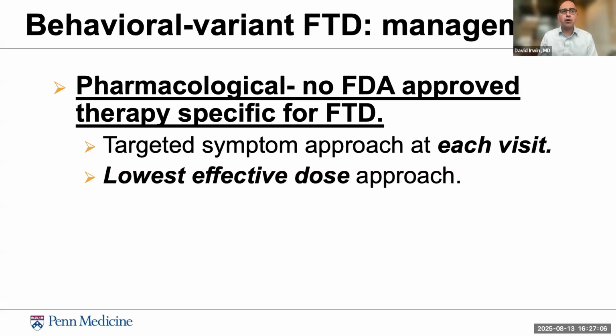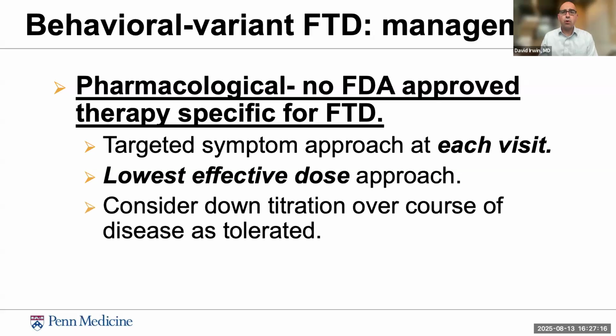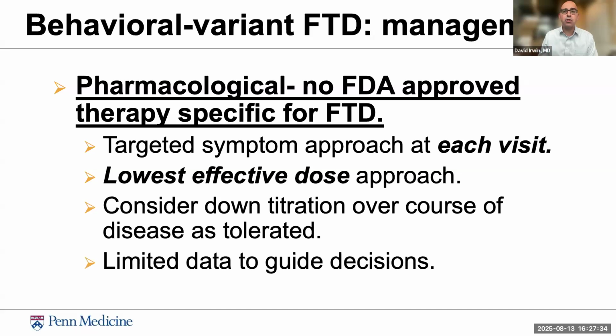So careful titration and ongoing discussion with families and patients help find the optimal dose and avoid potential side effects. Over the course of disease, early active disinhibited behaviors may be replaced with more apathetic behavior, and medicines can be revisited at every evaluation to determine if down titration over time is appropriate, again to get the lowest effective dose approach.